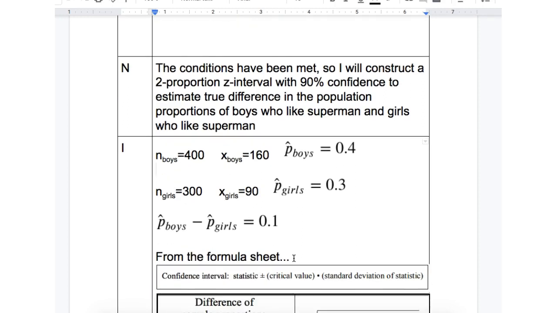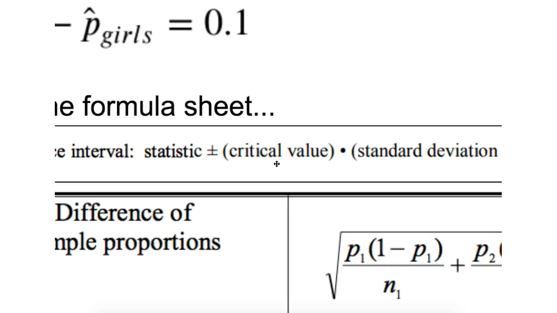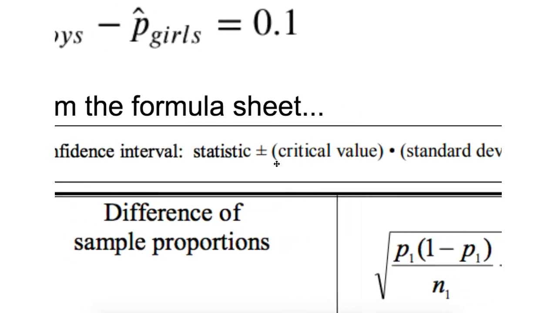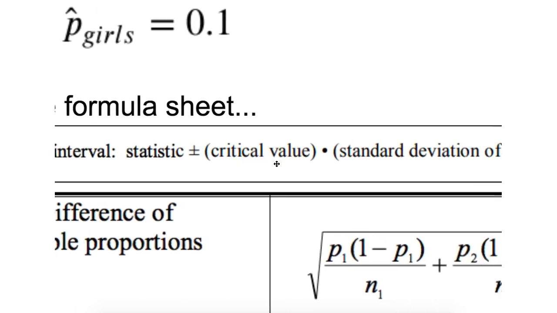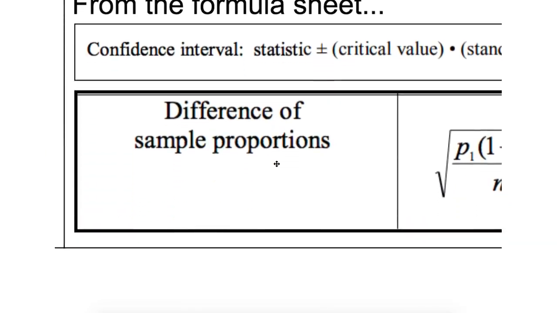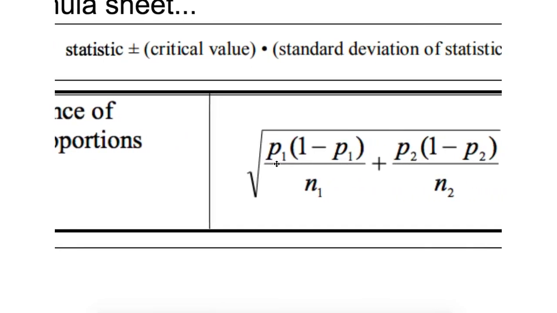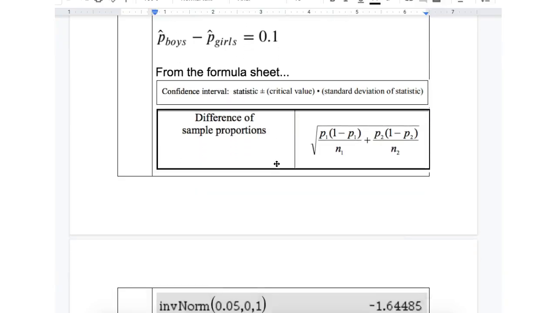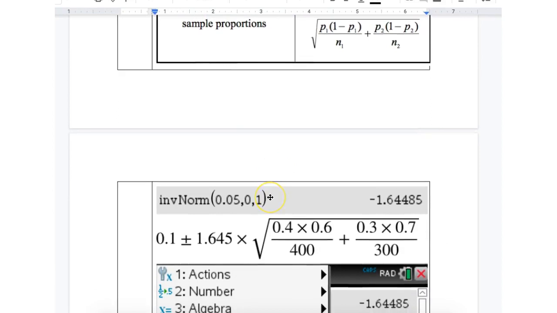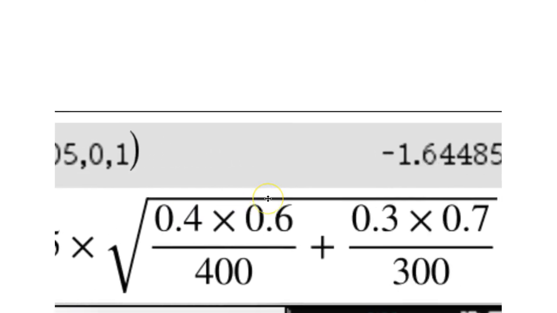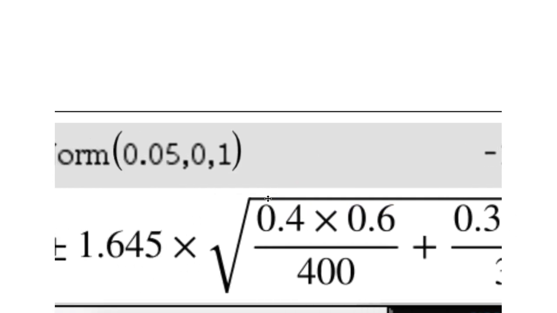So now I'm going to refer to my formula sheet. A confidence interval is a statistic plus or minus the critical value times the standard deviation of the statistic. And the standard deviation of the statistic of that difference is given by this formula here. Not a big deal, guys. I did my inverse normal command on the calculator to get the critical value, 1.645.